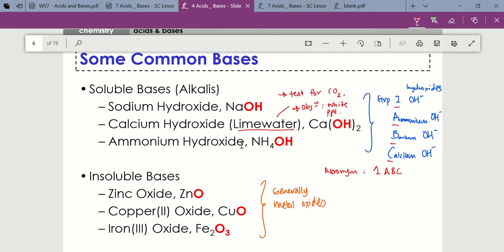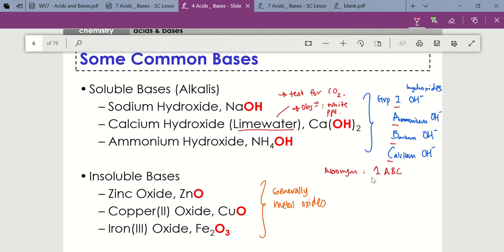Ammonium hydroxide is also a type of soluble base. And there's also one more, which is barium hydroxide. So generally, the acronym to help you remember the soluble bases is 1ABC. 1 stands for group 1, A stands for ammonium, B stands for barium, C stands for calcium.